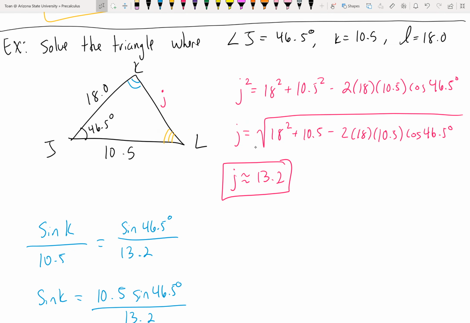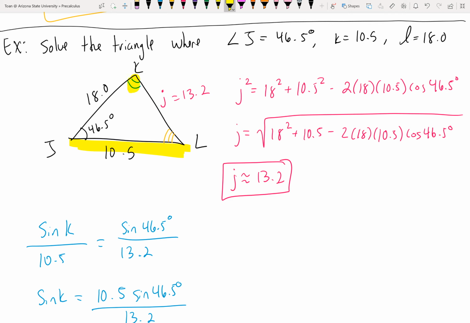We have this theorem in geometry that says the smaller the side, the smaller the opposite angle. Notice that we did solve for side J. Side J is 13.2. Of the three side lengths, this is the smallest, which tells us this should be the smallest angle.